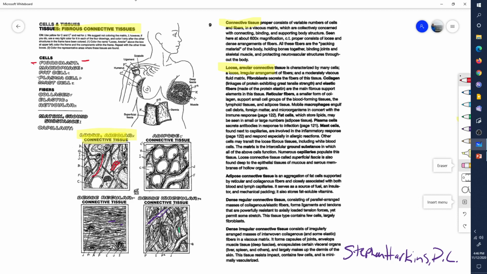Collagen fibers here, elastin fibers, or elastic fibers, here. And here you have a description of fibroblasts. They secrete collagen, which is very, very strong tissue, hard to pull apart, and elastic fibers, from the protein elastin.